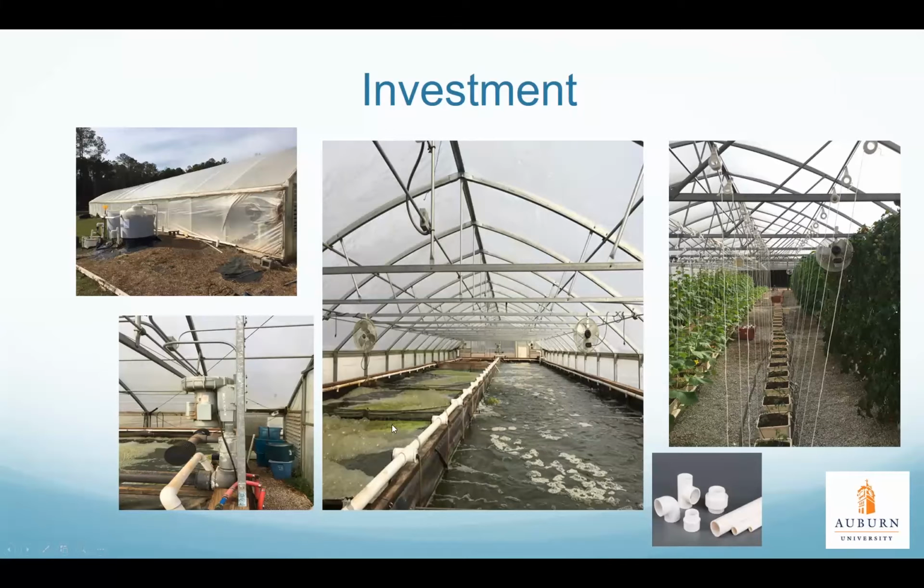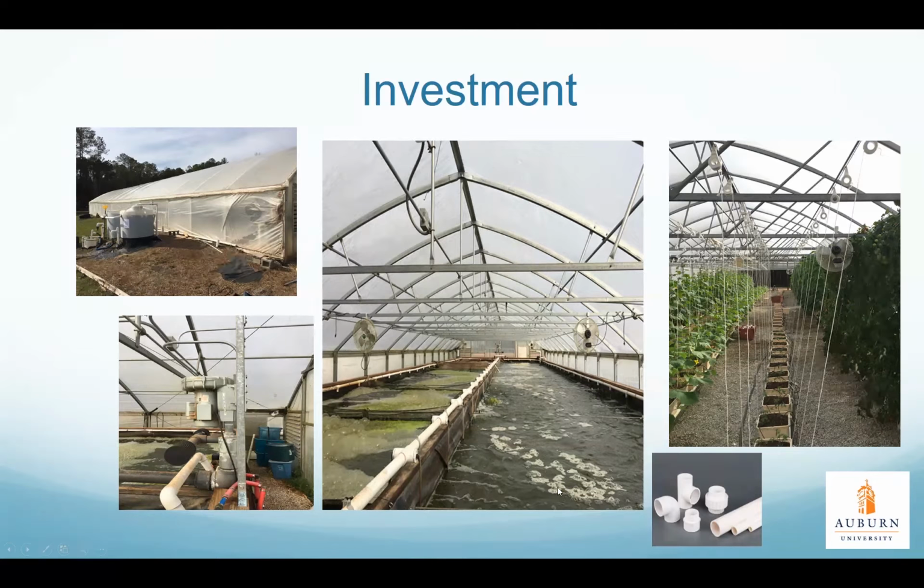And here you can see the hapas. We use hapas. We have 4 hapas in here where we put tilapia so they don't have free run of the whole raceway, but that way we can control the sizes and what we're feeding them and keep track of feed conversion and other important indicators of efficiency.